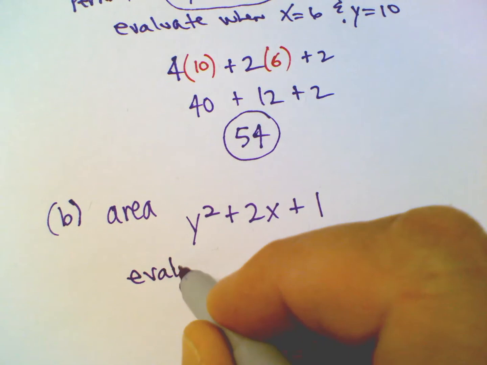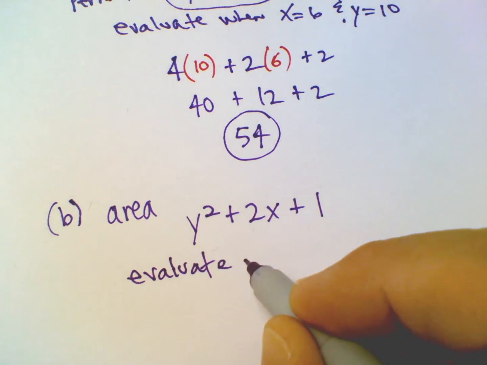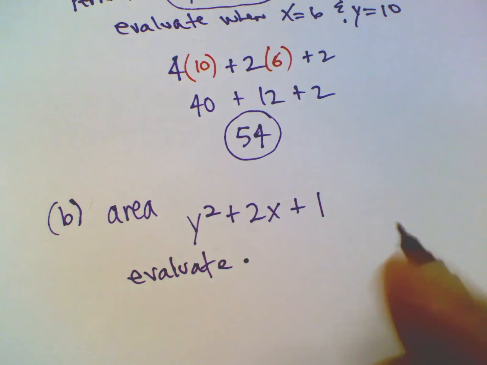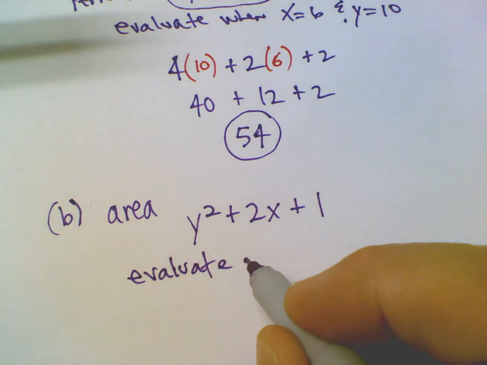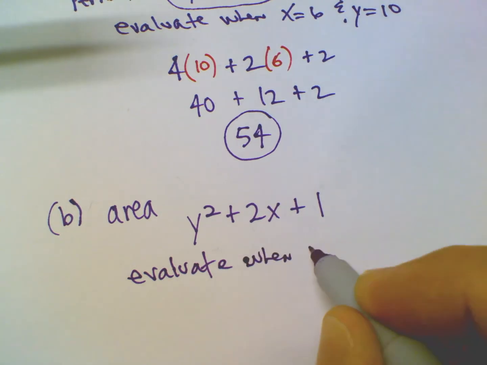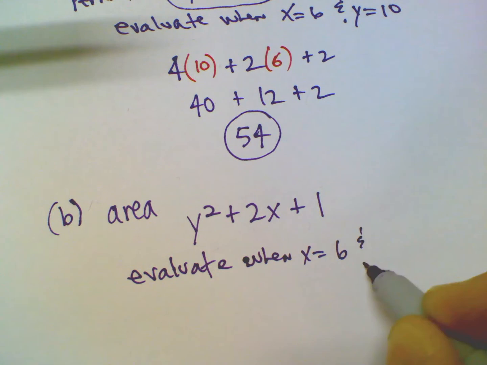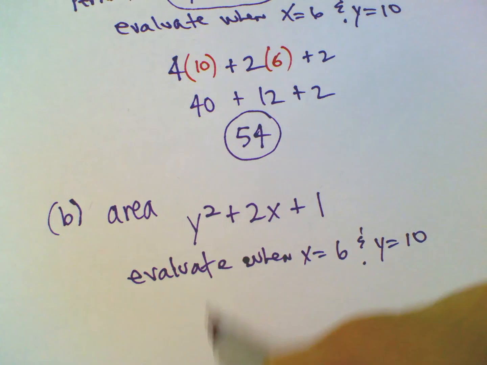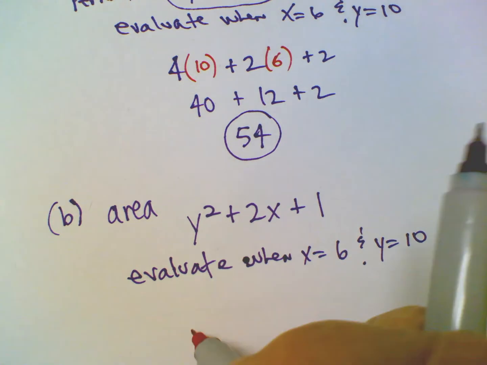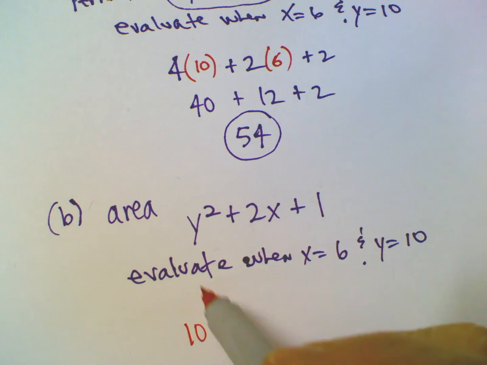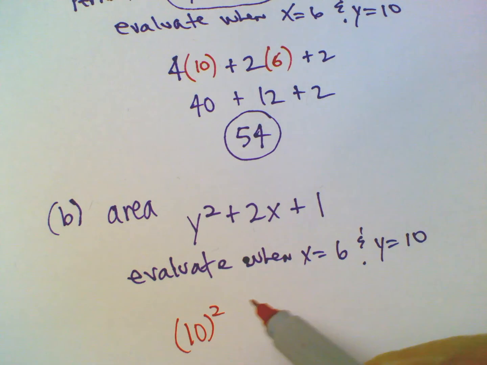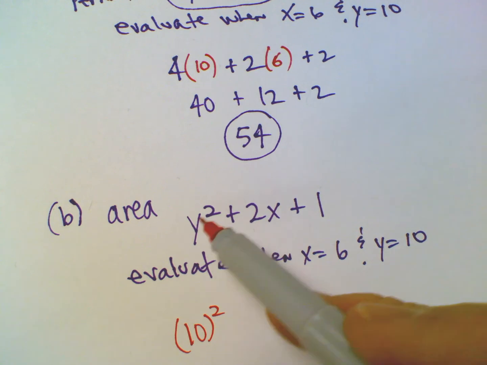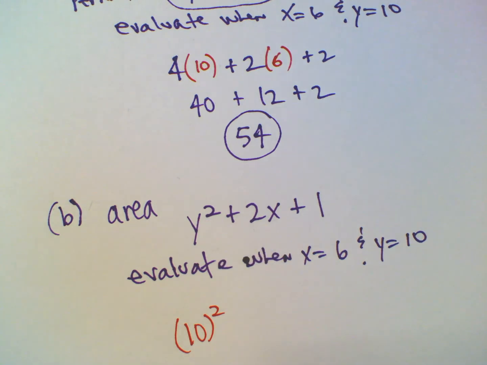Then it wants me to take and evaluate, right? Evaluate the area when x is equal to 6, and again, y is equal to 10. So they want us to use the same numbers and plug them in and do the math. So instead of y, I'm going to write a 10, right? And remember that 10 is being squared. Where the y is now a 10, and it's being squared. That means y squared, 10 squared, okay?